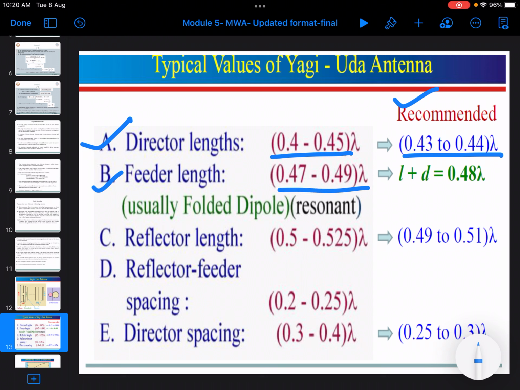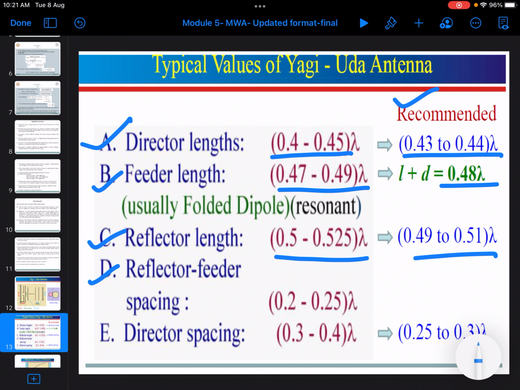The director length is less than lambda by 2, so this should be around 0.48 lambda, that is the recommended value. Coming to the reflector, it should be greater than lambda by 2, that is between 0.5 to 0.525. The recommended value is this.